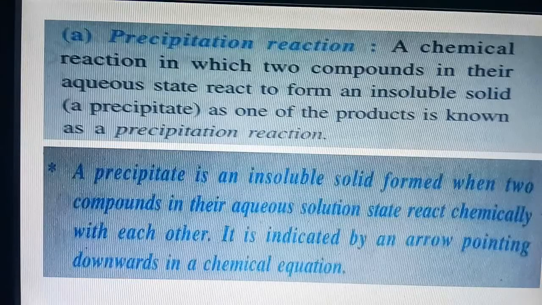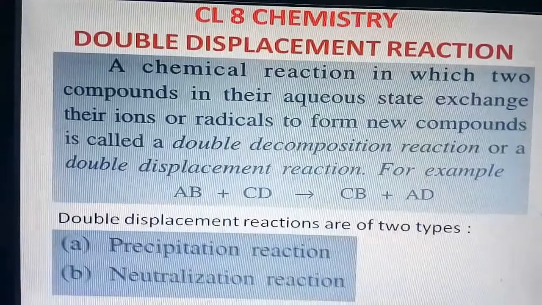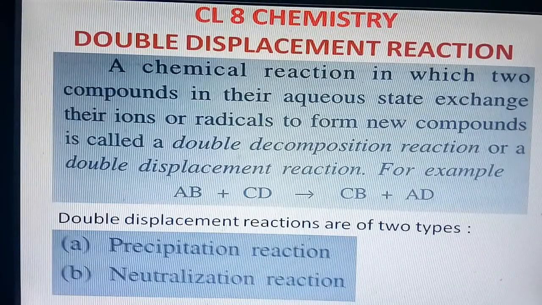Okay, but what happens here is when you are mixing the solution of two compounds, then one of the products will be an insoluble solid. Now you can see here, you are adding two compounds AB and CD.